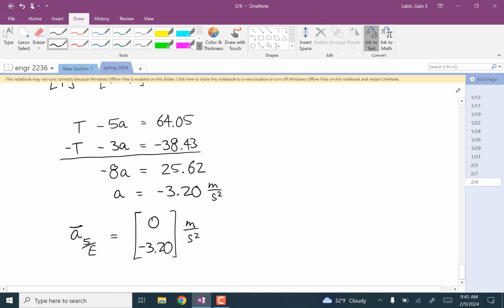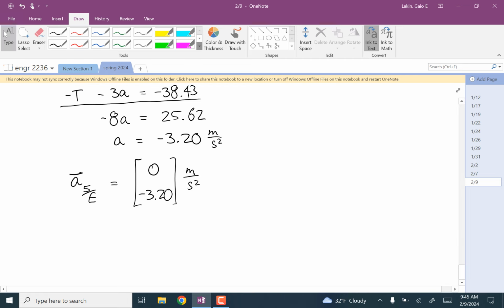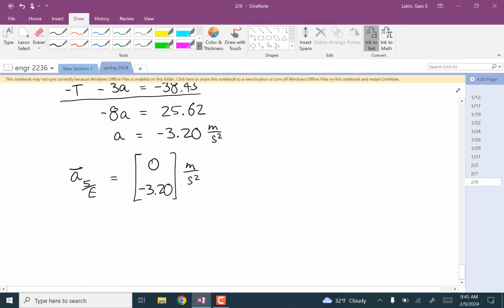I did it with reduced rows. Okay, you got the same thing. You can solve this any way you want. Let me write down the last one and then we'll talk about interpretation for a second. So to an observer on the ground, this thing is actually accelerating at 0, -0.2.